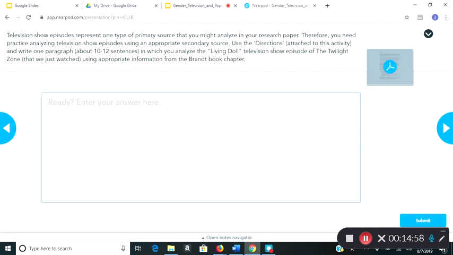So here I want them to use the directions that I've attached to this activity and to write one paragraph, about 10 to 12 sentences, in which they analyze the Living Doll television show episode of The Twilight Zone that we would watch in class, using appropriate information from the Brandt book chapter. So this is the culminating activity for the actual class session.